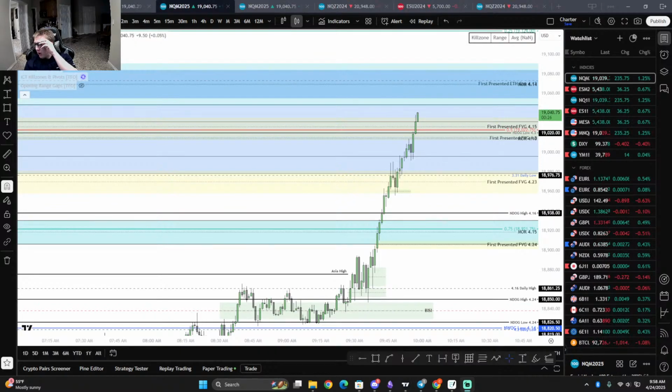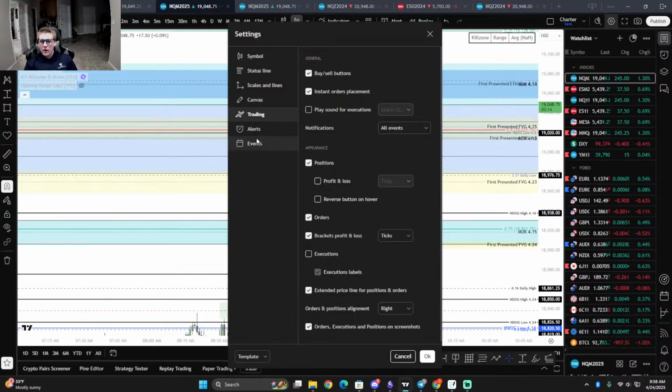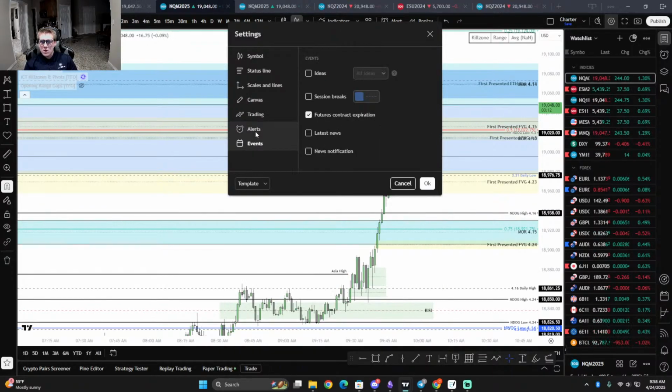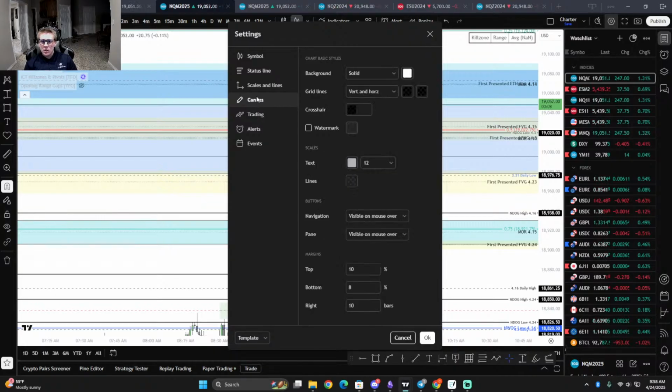Can you explain market structure shift? Yeah, one sec. The blue lines on the chart. Yeah, dude, that was so annoying. It was like a TradingView update. I think you had to go into... I don't know why they made that update. It took me forever to figure it out.